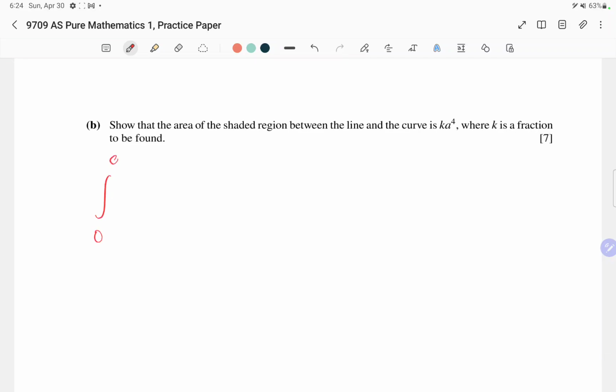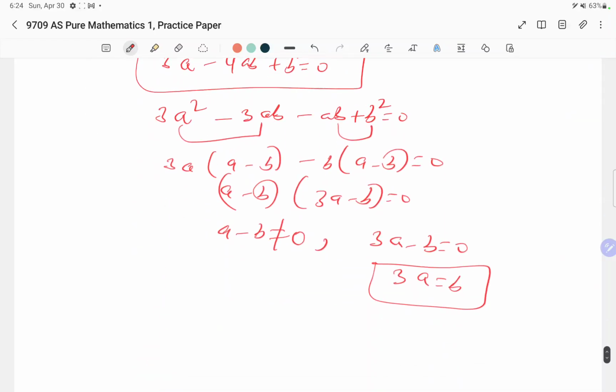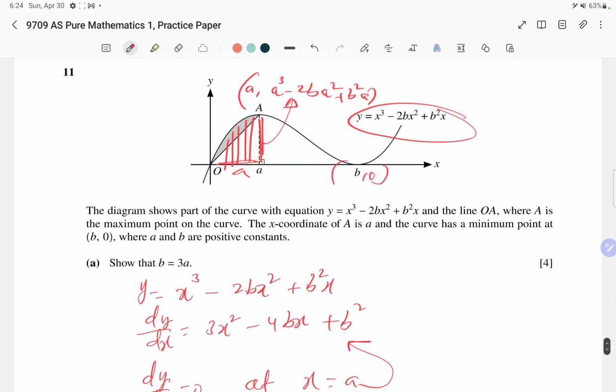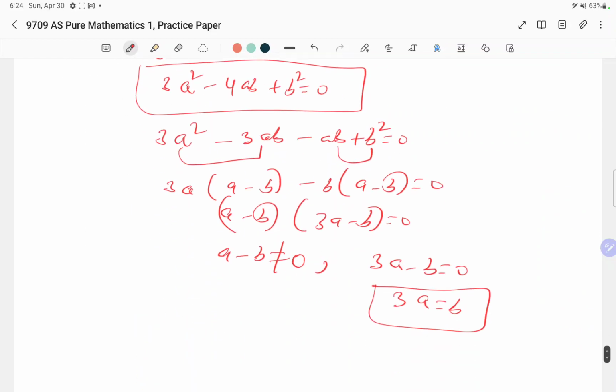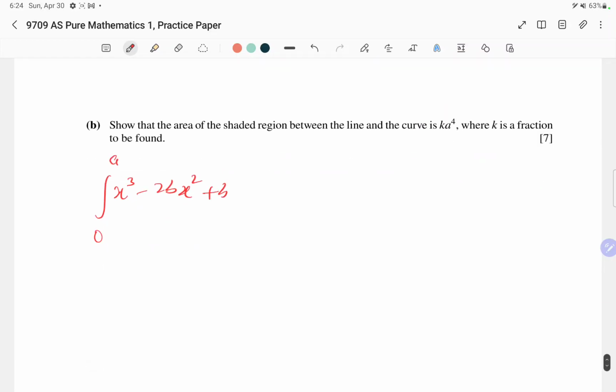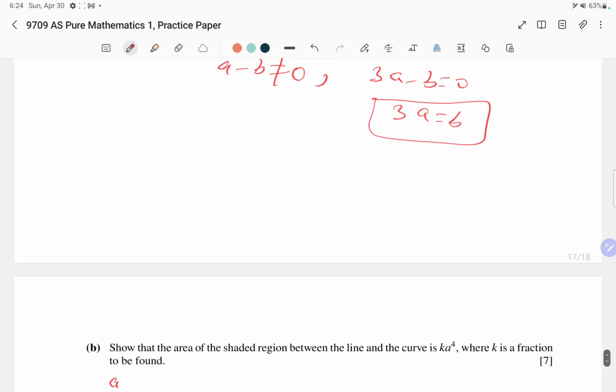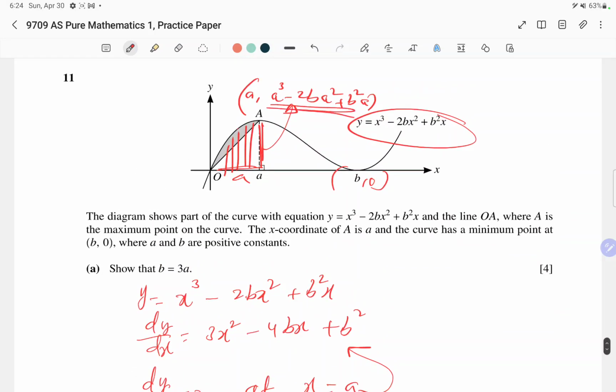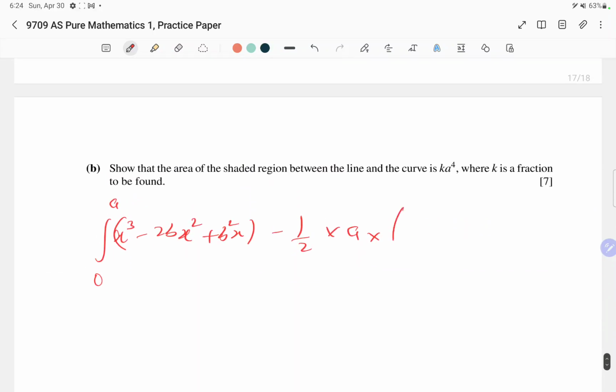So the area of the shaded region is the integral from 0 to a of x cubed minus 2b x squared plus b squared x, minus the area of the triangle, which is half base times height. The height is a cubed minus 2b a squared plus b squared a.